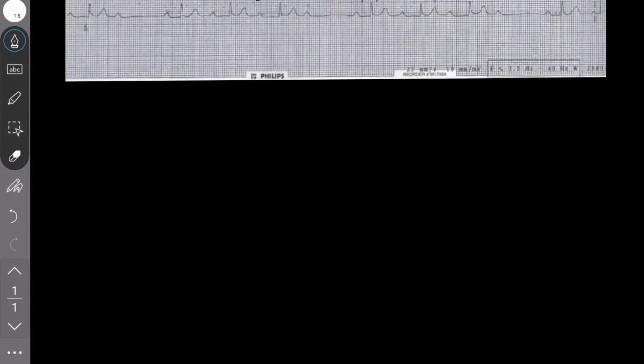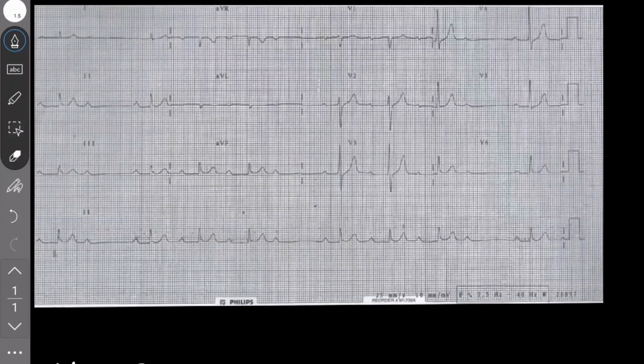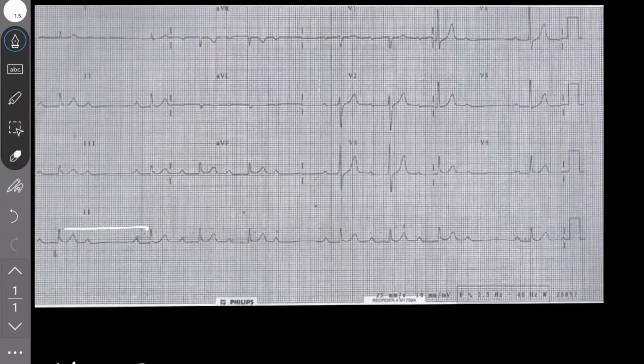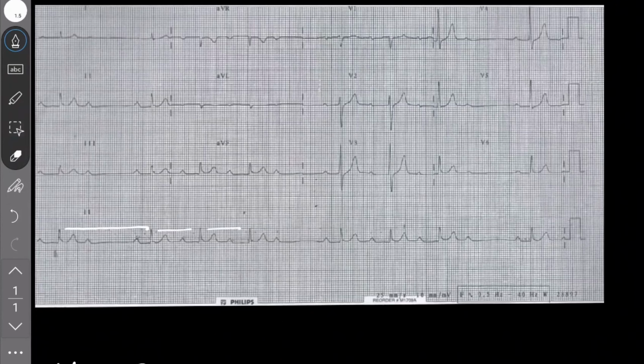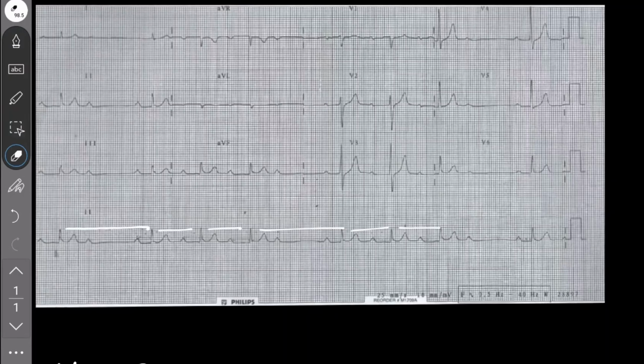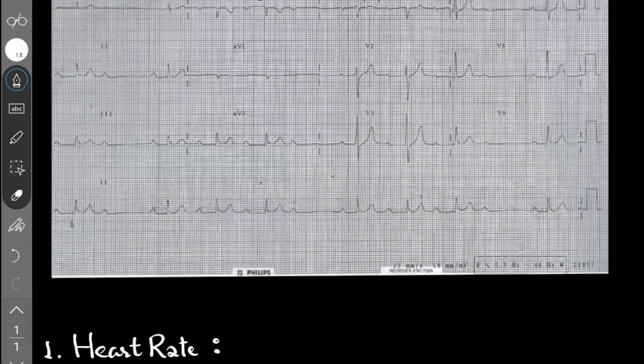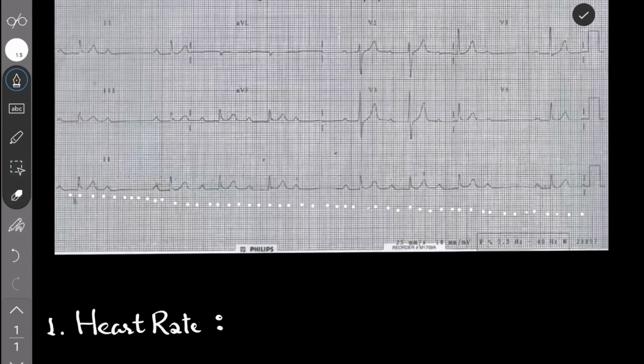First of all, we start with the heart rate of the ECG. The heart rate seems not at all regular in rhythm. From here all the way to here is 50 big squares.